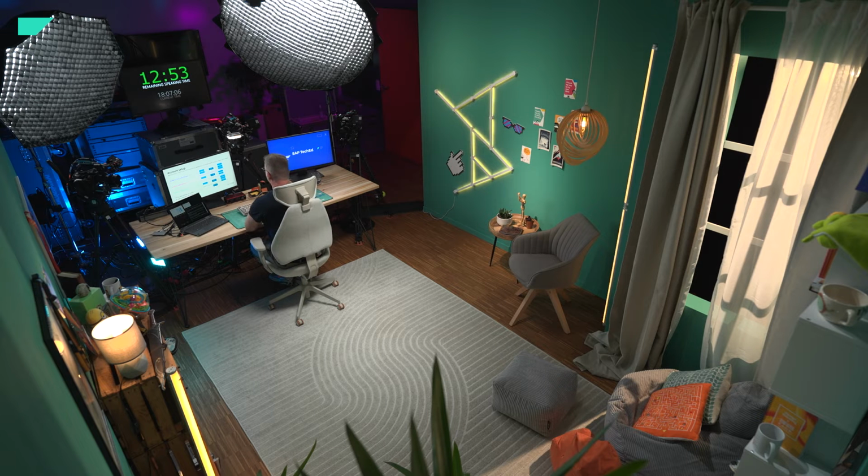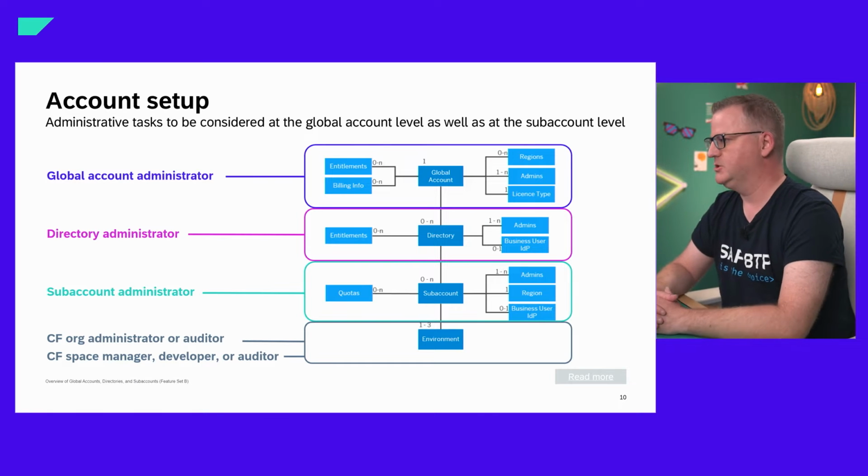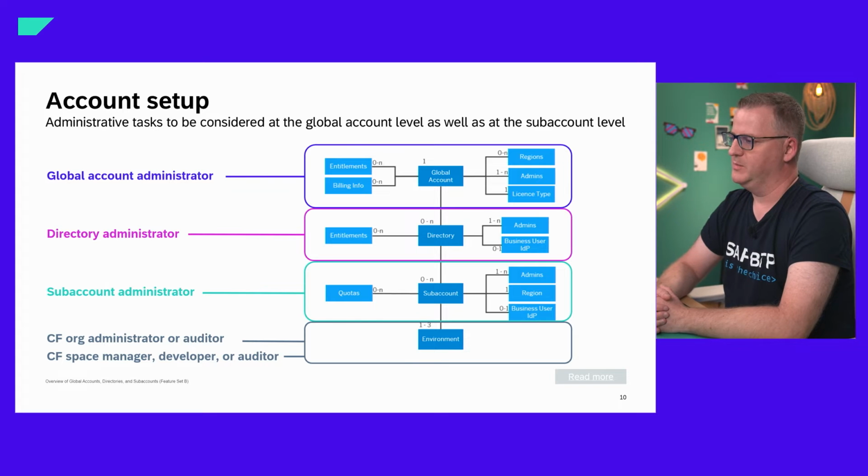So let's take a closer look at what such an account setup defined by a central team could look like. And here we really have different levels in BTP. It all starts with the global account, which is also linked to a contract. So that's how you get entitlements for services and applications that you can actually use in your BTP account.